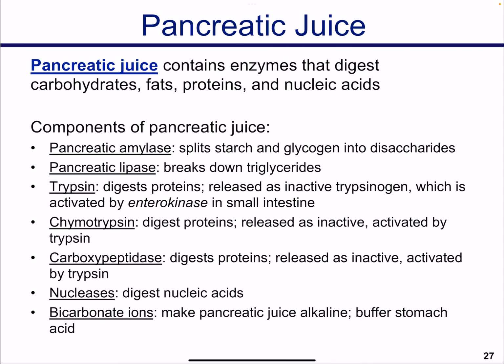The pancreatic juice contains a bunch of enzymes. These enzymes are going to digest all kinds of food. Now, remember that in the mouth, we did have the salivary amylases. The salivary amylases break down only polysaccharides, right?